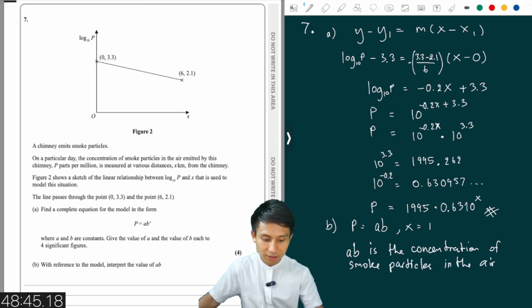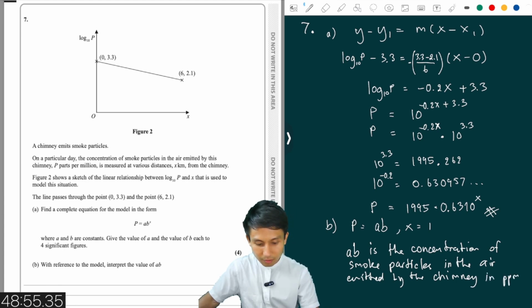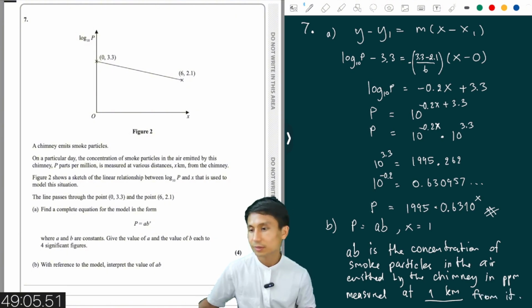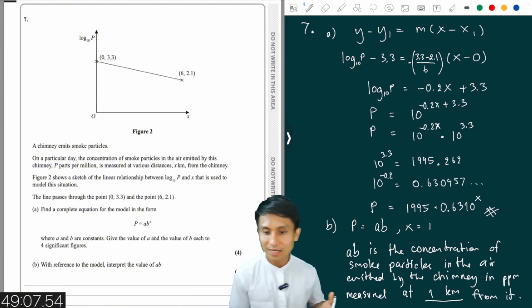I'm writing everything. Emitted by the chimney in ppm, measured at 1 kilometer from it. Yeah, because that's when x equals 1.